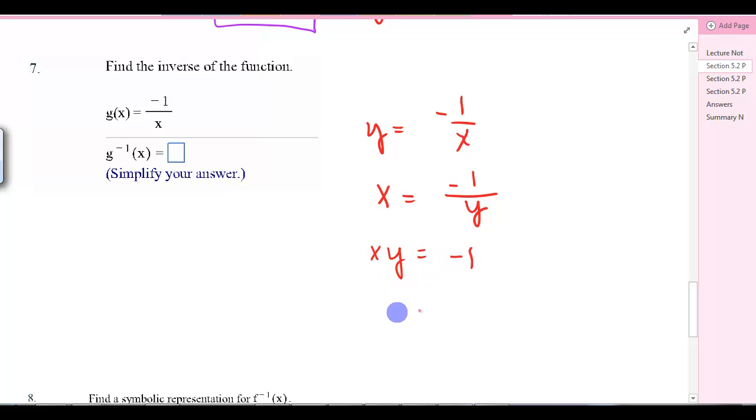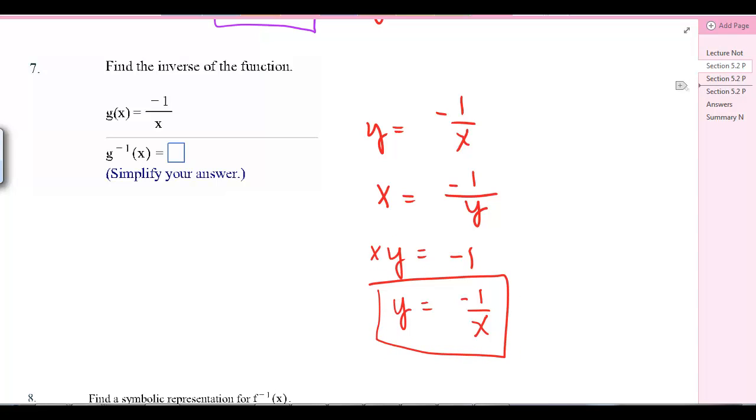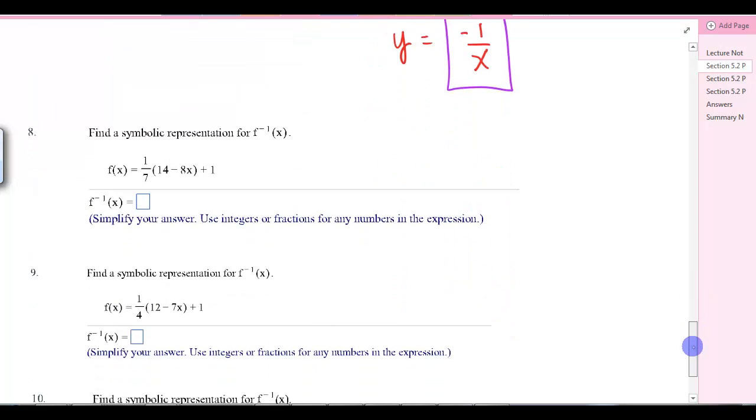And then divide by the x. So you have y equals negative 1 over x. And so it looks odd that that is the same thing, that it could be the inverse of itself, but that is what we get. And so I actually put the box around the y, but that's what's going in there.